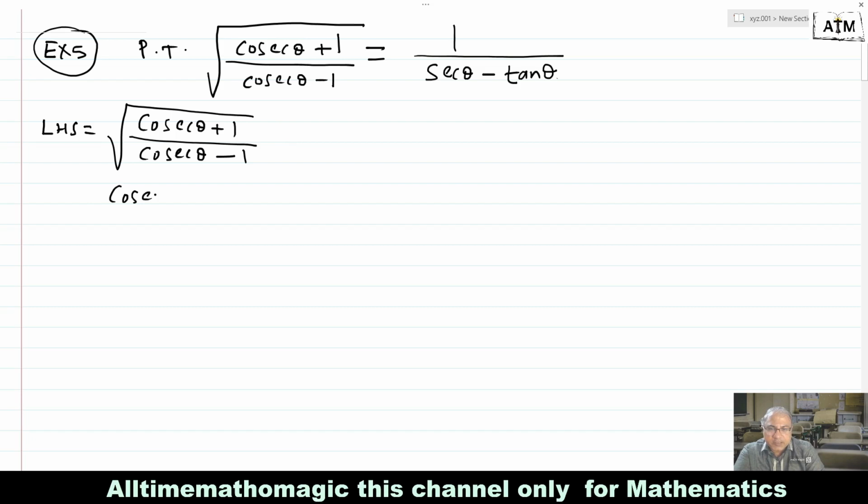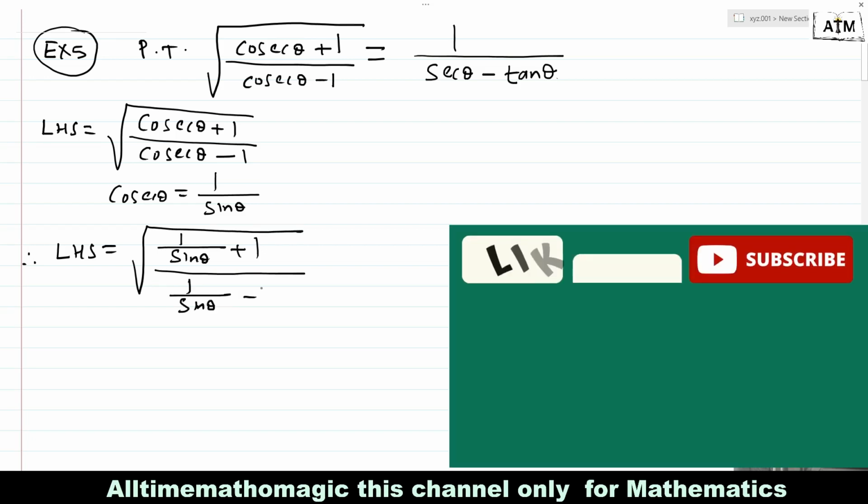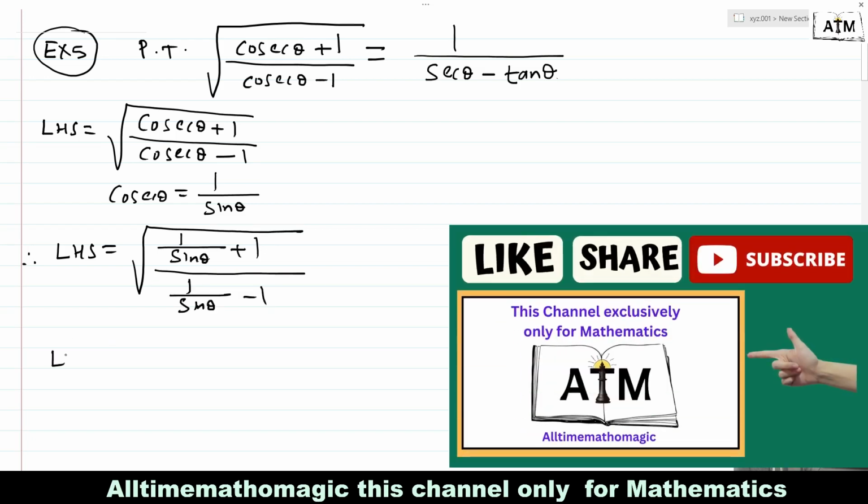Now the formula is cosec theta equals 1 upon sin theta. Therefore, LHS equals cosec theta can be written as 1 upon sin theta plus 1 upon sin theta minus 1.